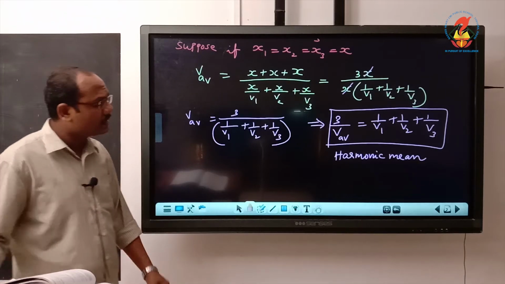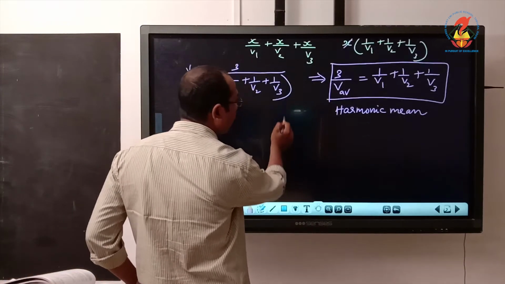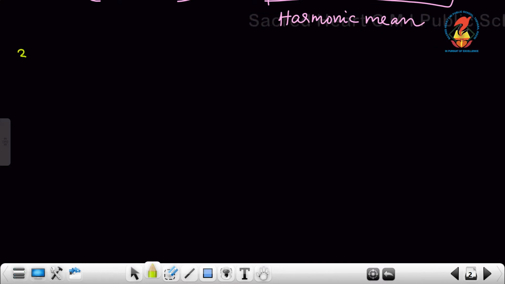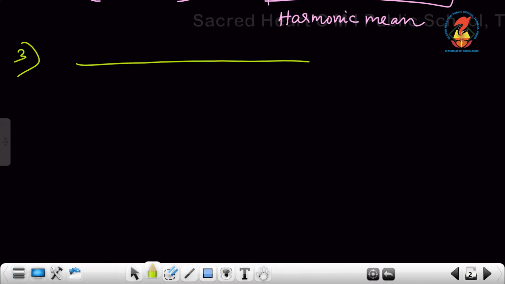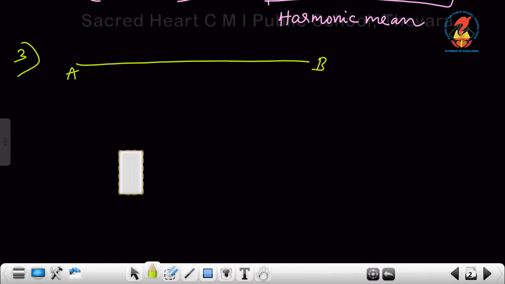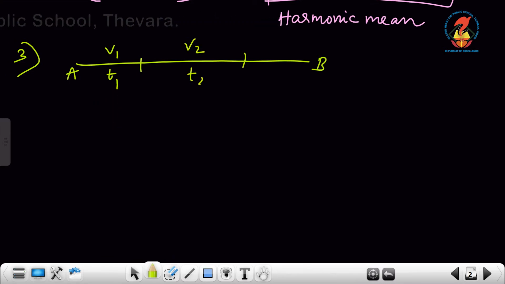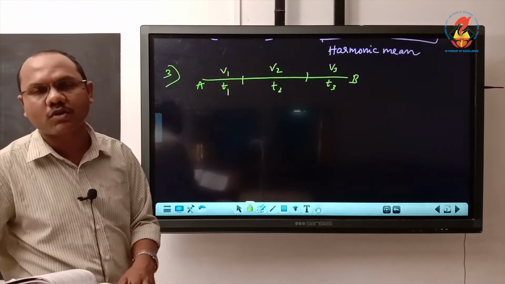Now I will give you the third example. Just imagine the body is moving again from A to B. I am giving the speed and the time. Each speed is given and each time is also given.